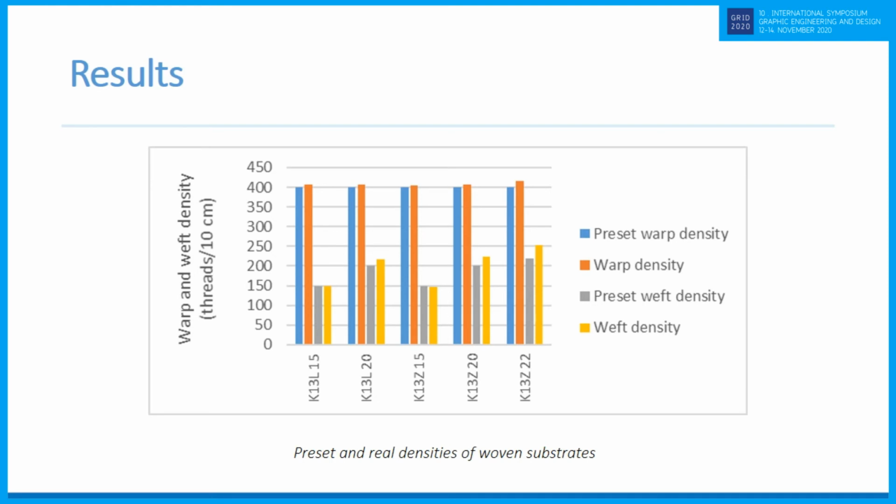The increase was the highest for the sample K13Z22 with 14.55%. With increasing weft density, the areal weight increased, while thickness 1 and thickness 2 decreased.